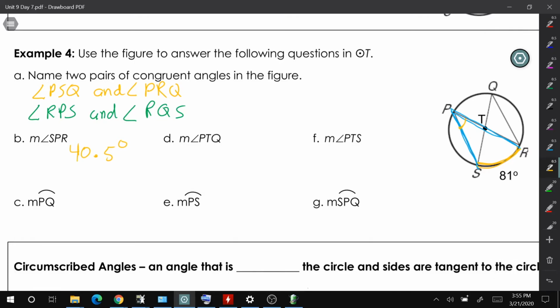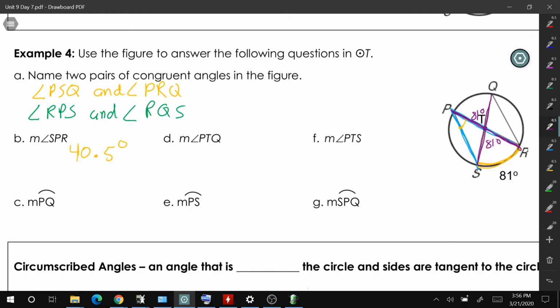Okay, now the measure of arc PQ. Well, to find the measure of arc PQ, we know that these lines are diameters and they intersect, so we have vertical angles. Angle STR is a central angle, so this is 81 degrees, which also makes this 81 degrees.